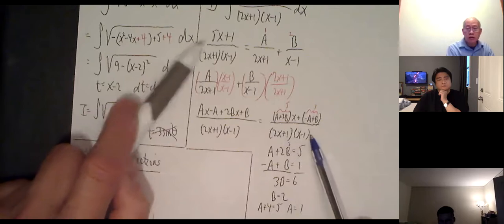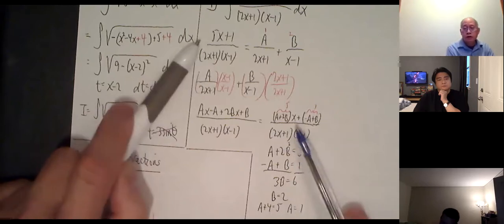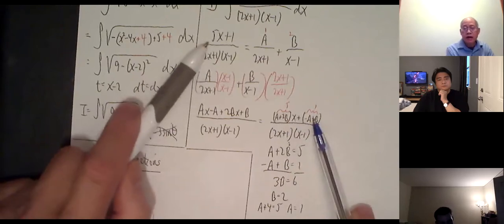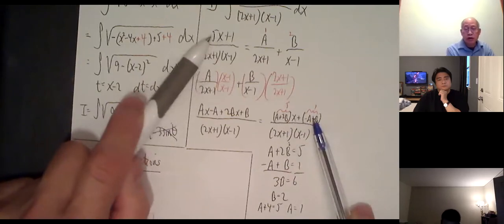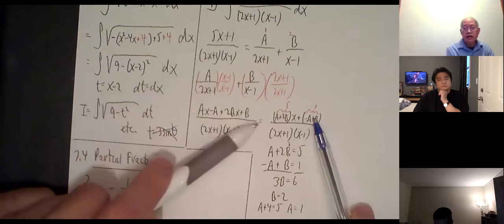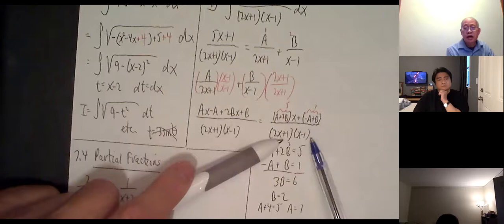We want them to be equal. The denominators are already equal, so the top's going to be equal. This better be 5, and this better be 1, right? The top is 5x plus 1. 5x plus 1 over 2x plus 1, x minus 1. I want it to equal blah, blah, blah over 2x plus 1, x minus 1.